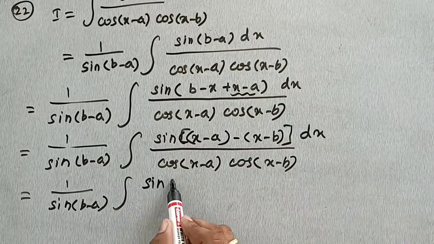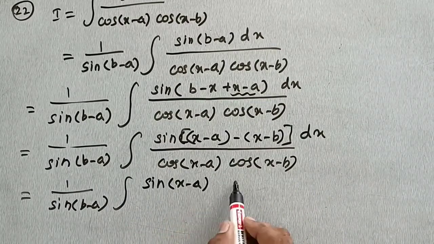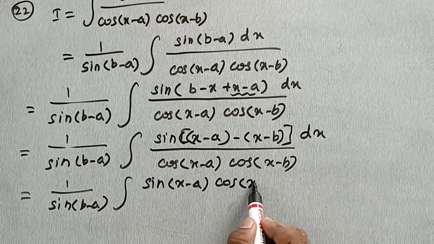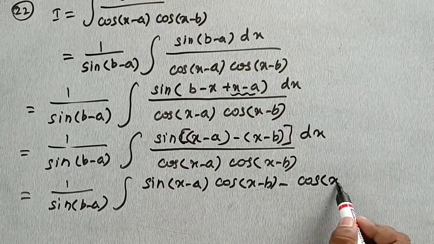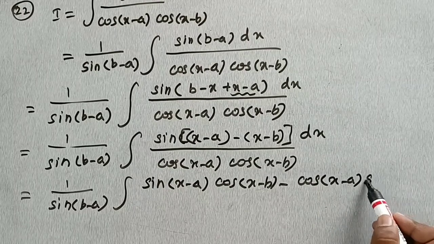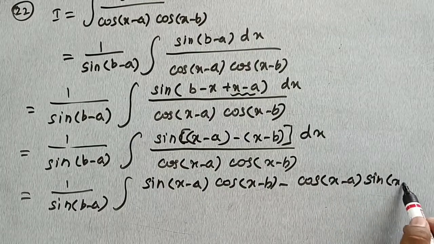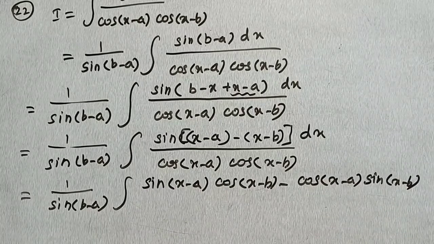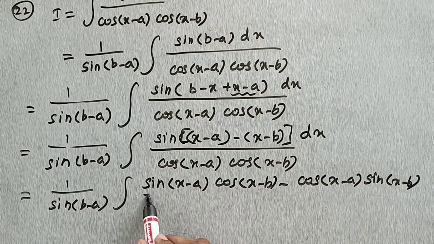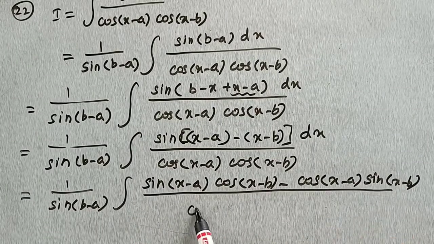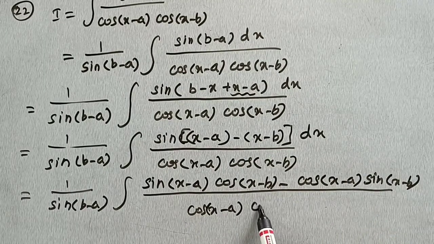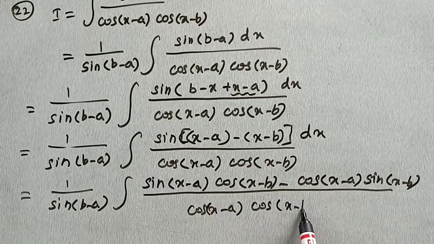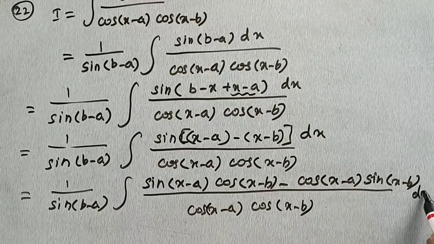So the numerator will be sin a cos b minus cos a sin b, that is, sin of x minus a cos of x minus b minus cos of x minus a sin of x minus b, divided by the denominator, cos of x minus a into cos of x minus b, and then finally dx will come.